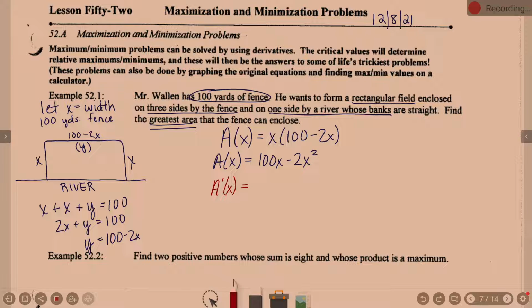Set it equal to 0. Okay, so what's the derivative of 100x minus 2x squared? Or I guess you guys may have it the other way around, but I have 100 minus 4x. I'm going to take that 100 minus 4x, set it equal to 0.